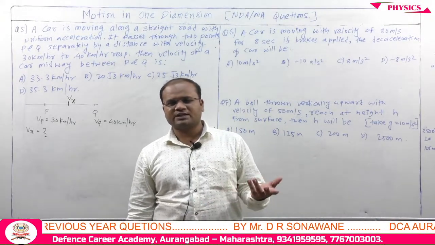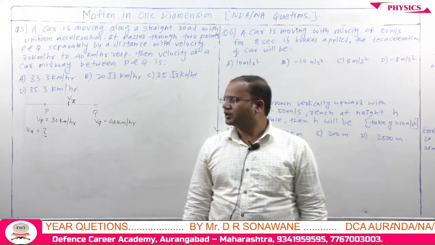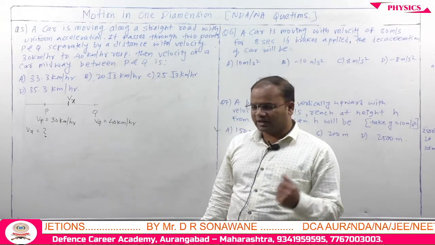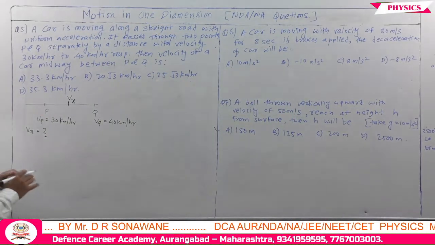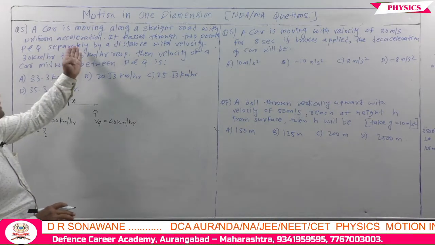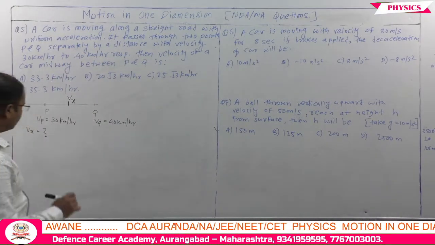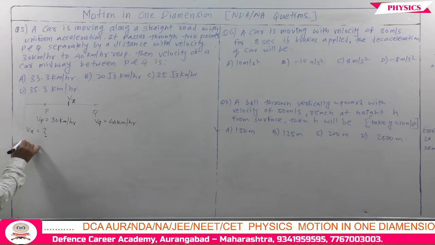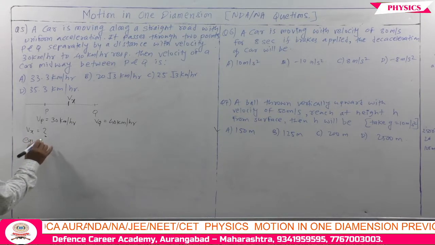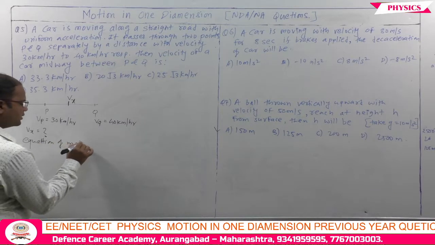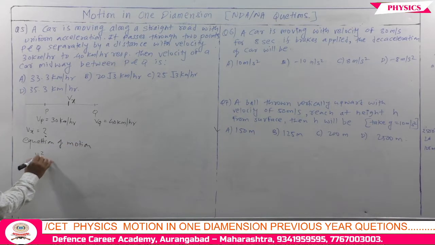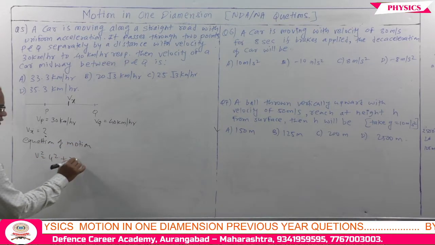Here two velocities are given, and they said the car is passing through a distance. So if we consider the equations of motion, that is the second equation, v square equal to u square plus 2as.